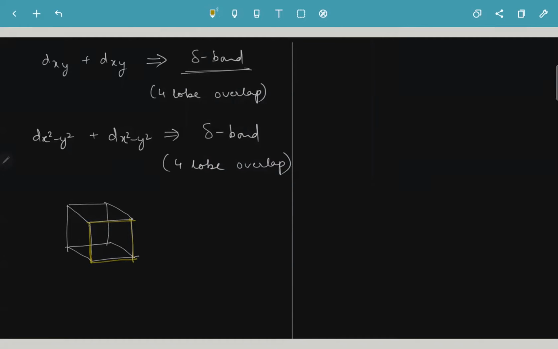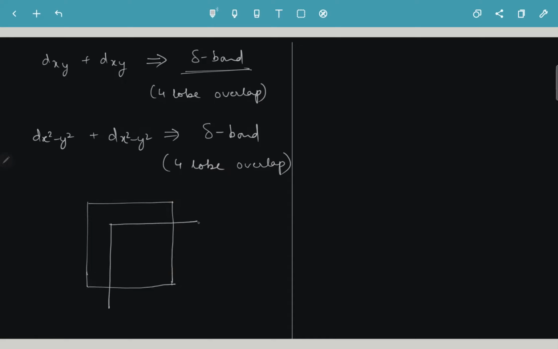We have one orbital. एक सेकेंड, थोड़ा और बड़ा बनाने दे. ठीक है?